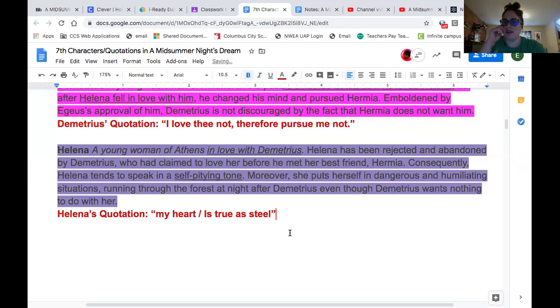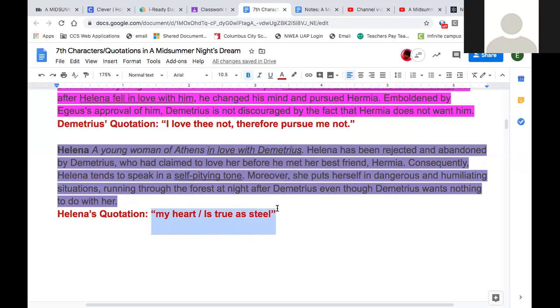She's like, I'm ugly, no one loves me, I'm worthless, but Demetrius, you should fall in love with me again. Moreover, she puts herself in dangerous and humiliating situations, running through the forest at night after Demetrius, even though Demetrius wants nothing to do with her.